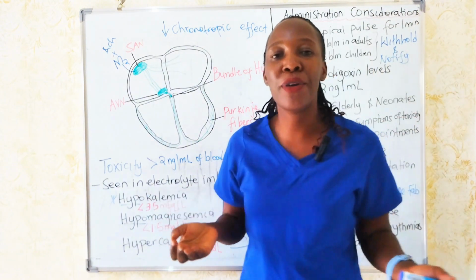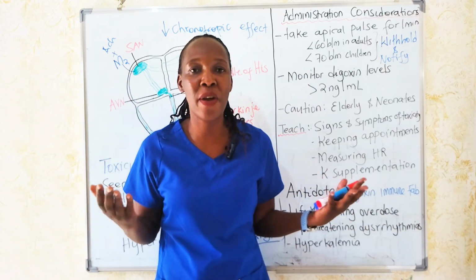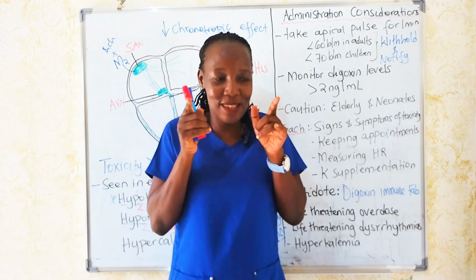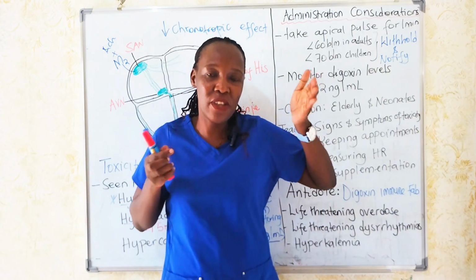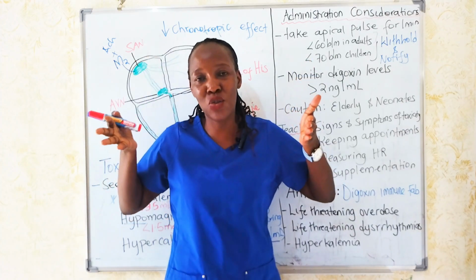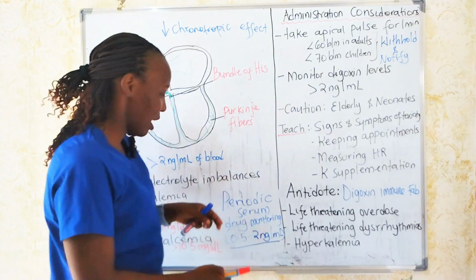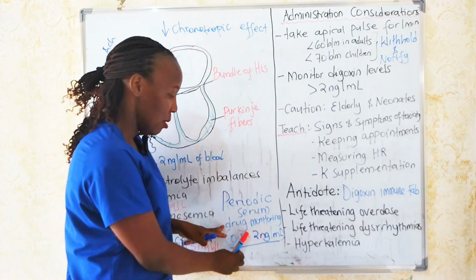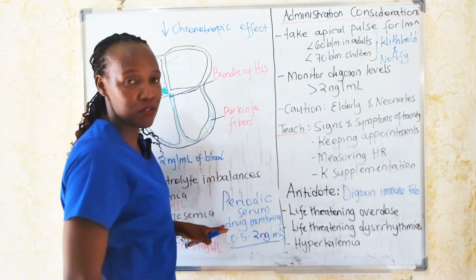Digoxin is a drug with a narrow therapeutic window or a narrow therapeutic index. Therapeutic window is that space or the interval between the therapeutic dose of the drug and the toxic dose of the drug. Now, when you look at the one for digoxin, like you've seen here, 0.5 to 2, this window is quite small, meaning we can easily slip into the toxic dose of the drug.